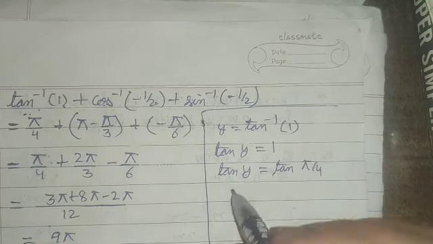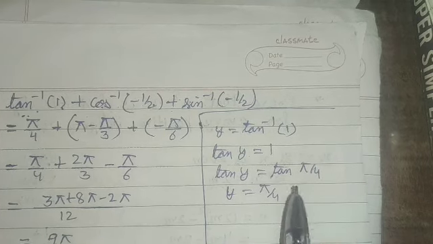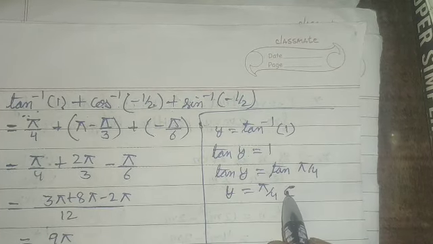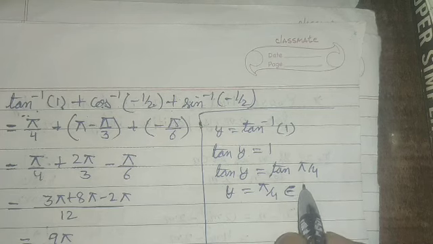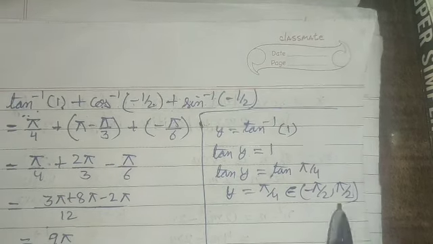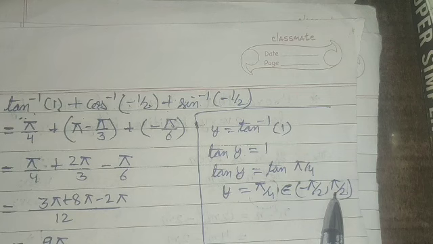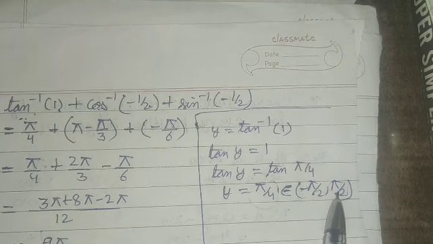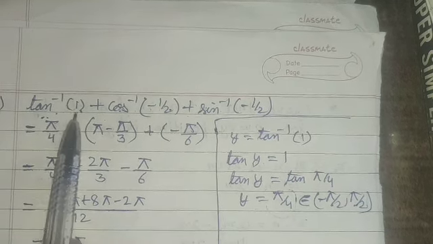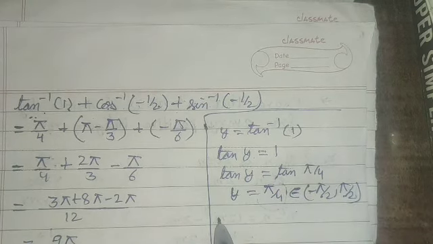As we know, the range of tan inverse is from minus pi by 2 to pi by 2. So we can say that this pi by 4 lies between minus pi by 2 and pi by 2. Therefore we can write tan inverse 1 as pi by 4. Again, the second one is cos inverse.